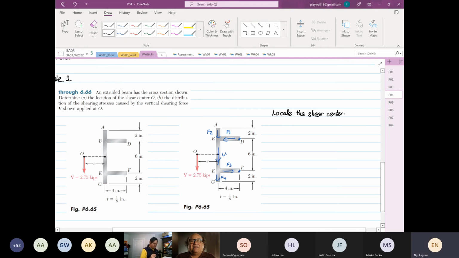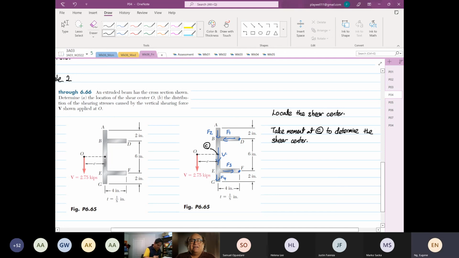And like before, to determine the shear center, we're going to take moment at point C. And this is our point C.